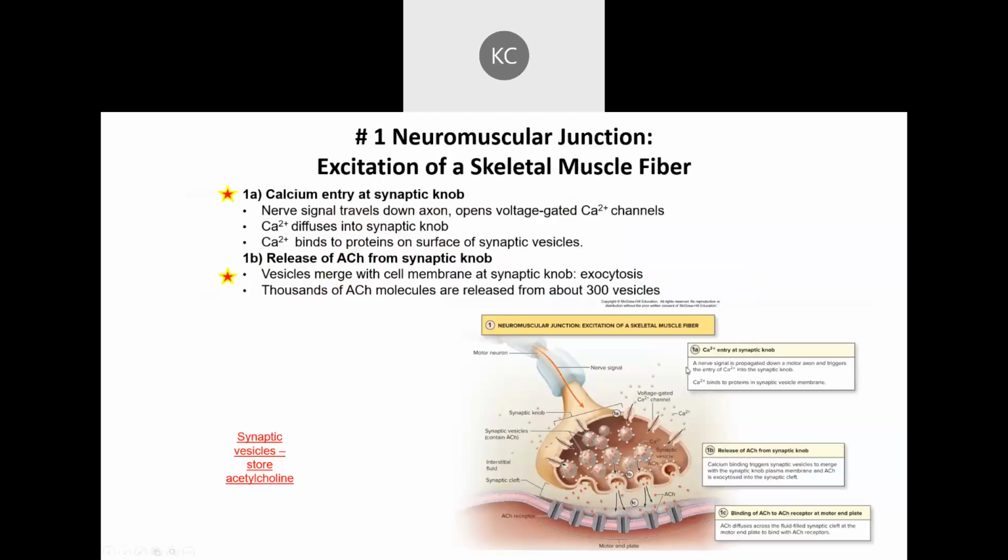So first, at the neuromuscular junction, as we alluded to at the end of the previous part, we're going to have the action potential arrive at the synaptic knob or the synaptic terminal, right? In chapter 8, the lecture before this one, we talked a lot about the action potential, okay? And this first part here is essentially just that.